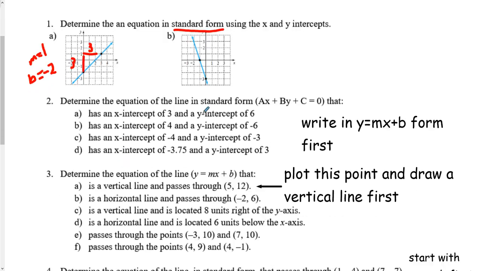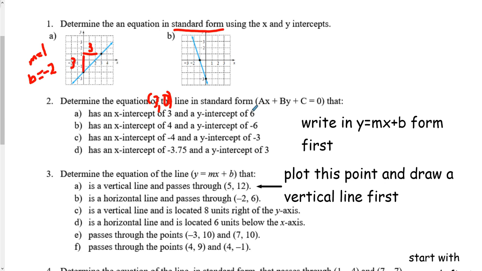Question 2. Determine the equation of a line in standard form. You're given different scenarios, right? I said here, write in y equals mx plus b form first, and then rearrange it. For this one, you're getting an x-intercept of 3. That's going to be an actual point, right? An x-intercept of 3 is the point 3, 0. And then you're also given a y-intercept of 6.